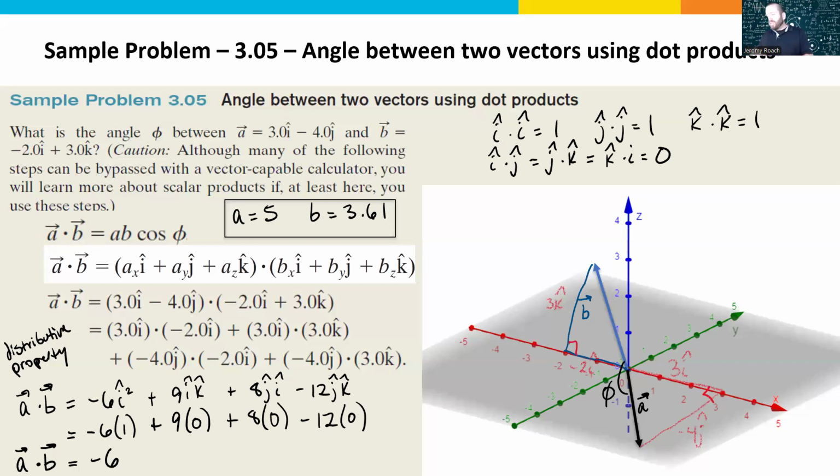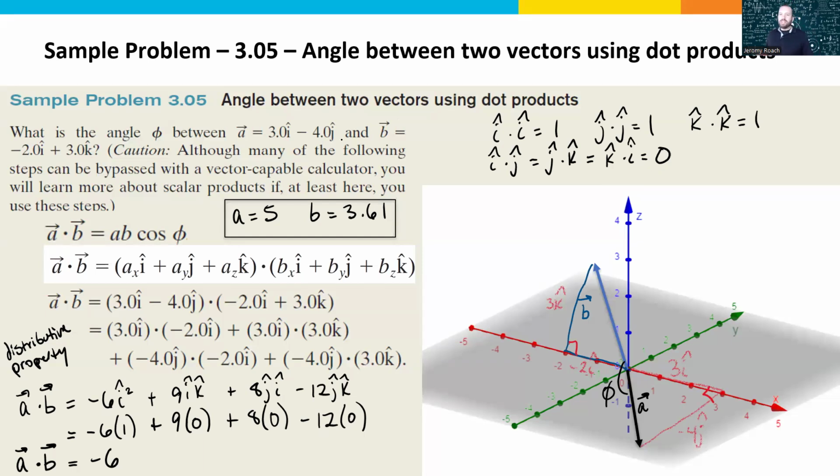Now, with dot products, the rule is a little bit different with I hats and J hats. So I hat times I hat with a dot product is equal to 1. Any of the same two are equal to 1 with a dot product. If it's I times J or J times K or K hat times I hat, these are all hat terminologies, then it is equal to 0.